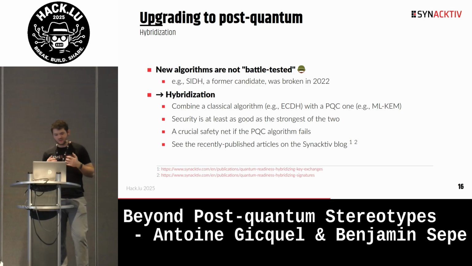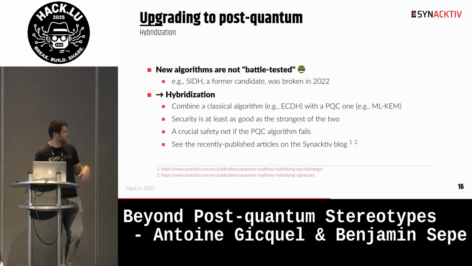That is, if you want to break the combination, you have to break both algorithms. This is a good safety net in case the post-quantum algorithm fails, or if a quantum computer arises and the classical algorithm fails.